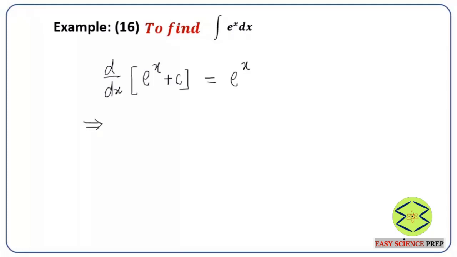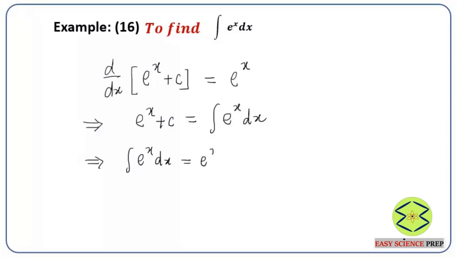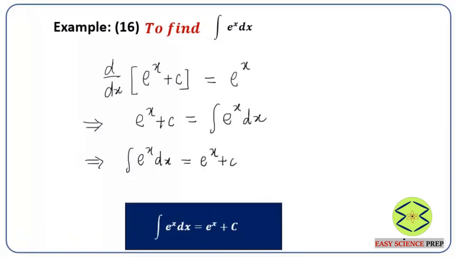So we can write down that e raised to x plus c is the integration of e raised to x dx. So we can directly write down that the integration of e raised to x dx is e raised to x plus c. That is what we have got here as a result.